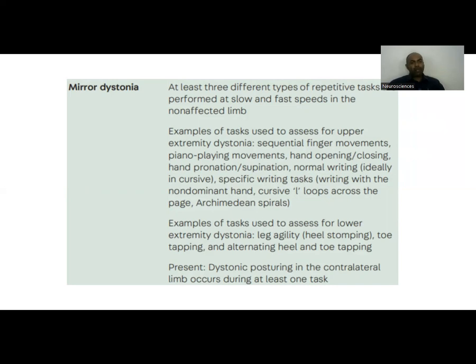In the upper limb, you can use sequential finger movements, piano playing movements, hand opening or closing, pronation, supination, and writing. In writer's cramp, you have to make them write to bring this out. In the lower limb, you can use heel stomping and toe tapping. Dystonic posturing in the contralateral limb occurs during the testing. This is called mirror dystonia.